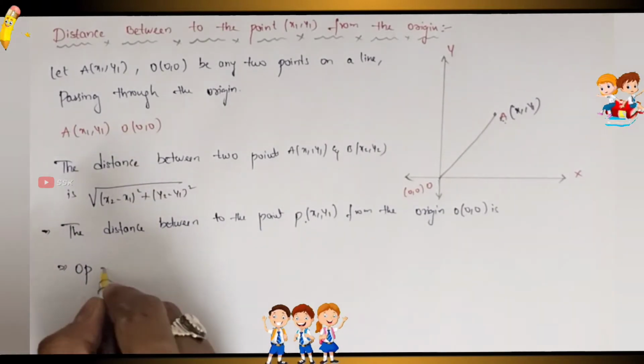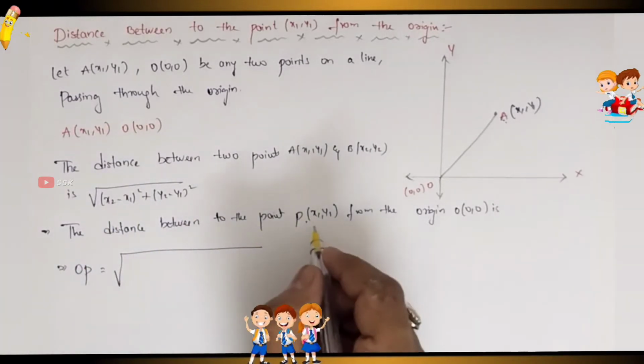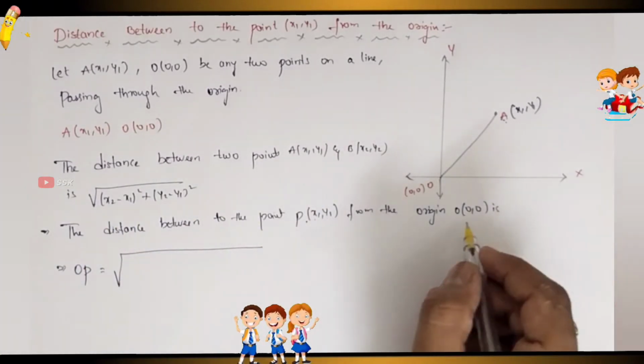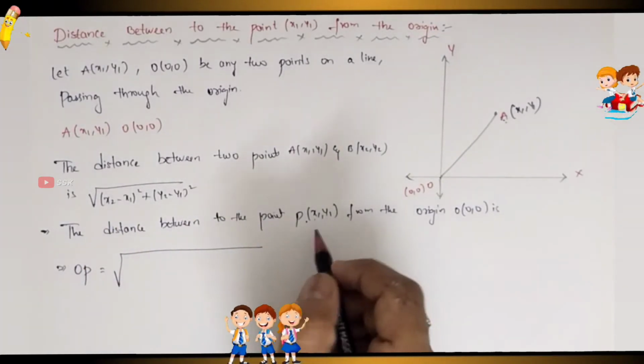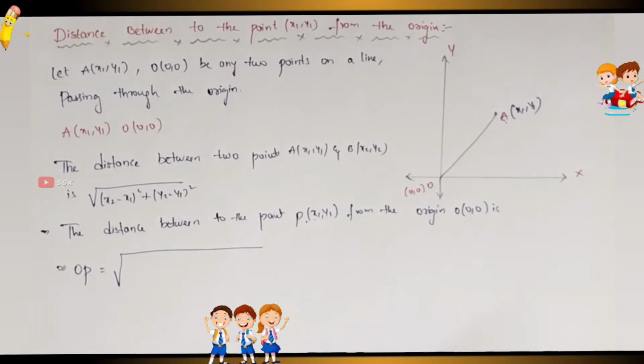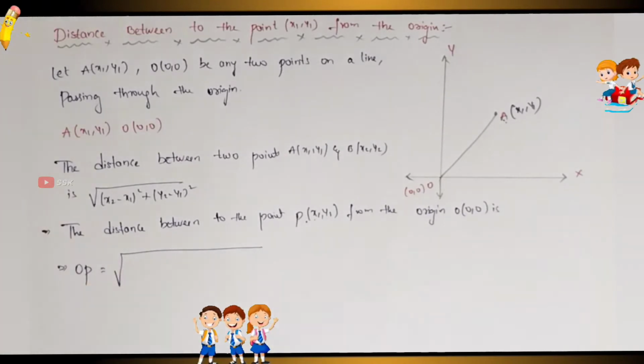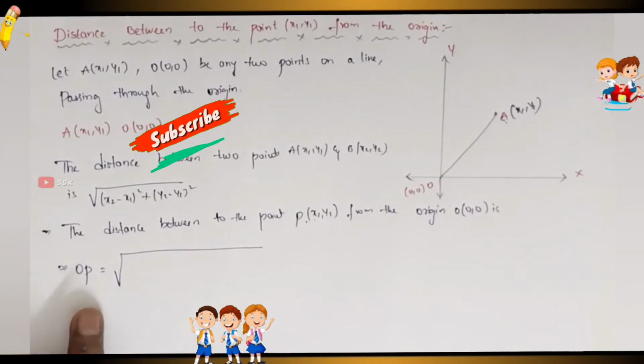Now OP is equal to square root of, so what are the values? Here OP means you are finding OP.